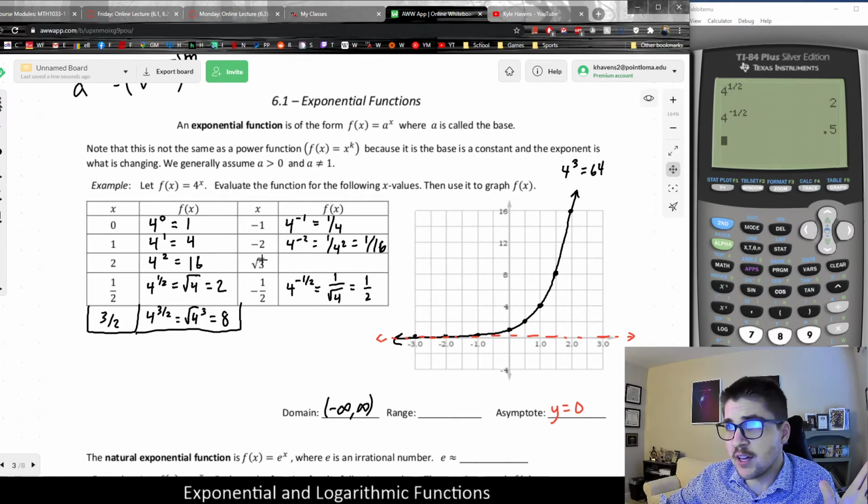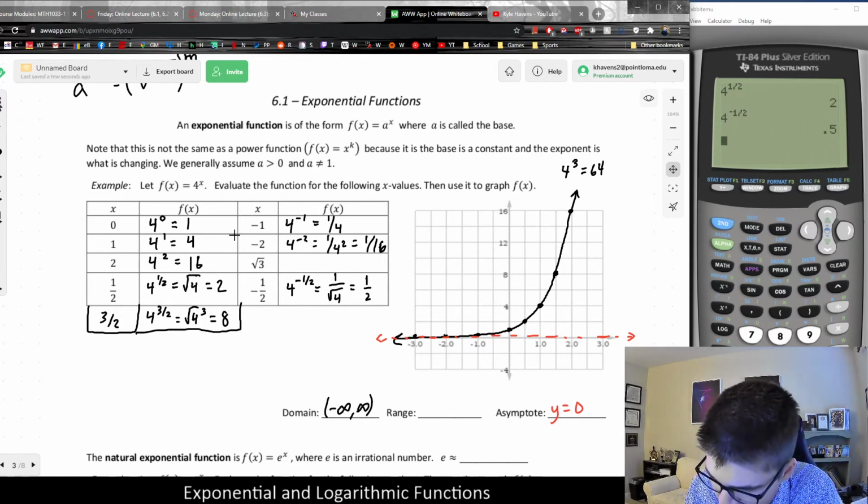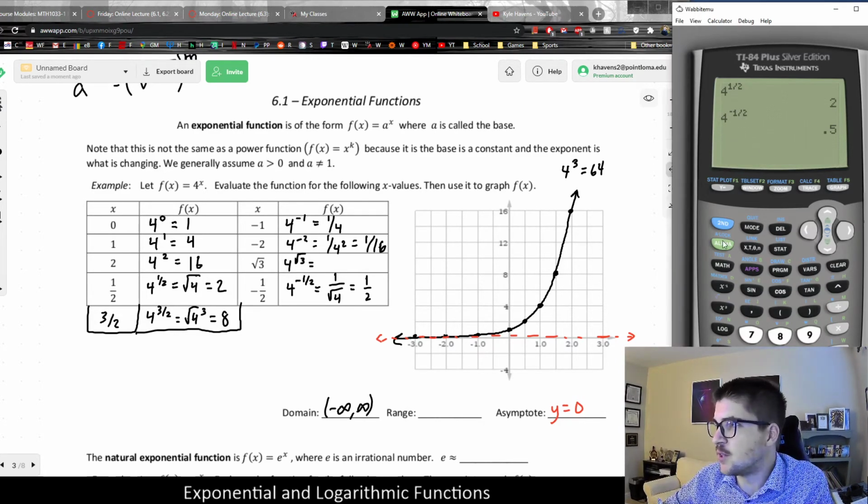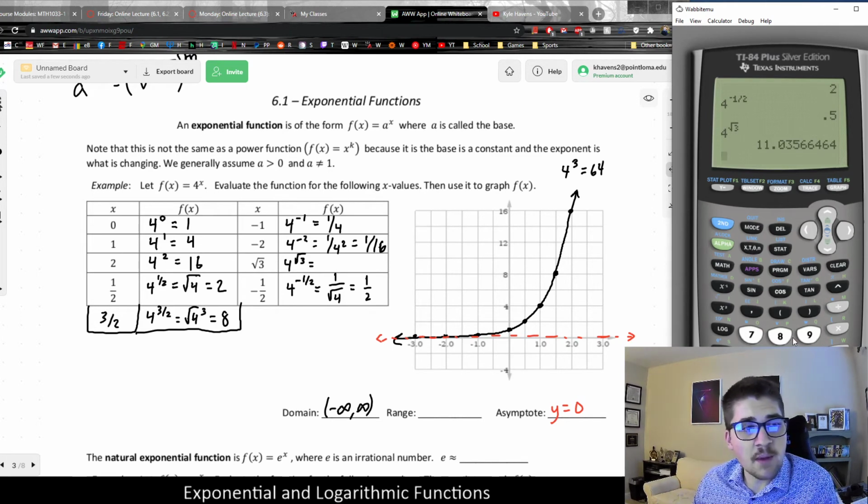Even irrational values. Say you were wondering about this one that I skipped, what is 4 to the root 3? This is one that is way too difficult to do without a calculator, at least with where we're at. But you can always figure it out. And that's my point in doing this. I could always approximate the value.